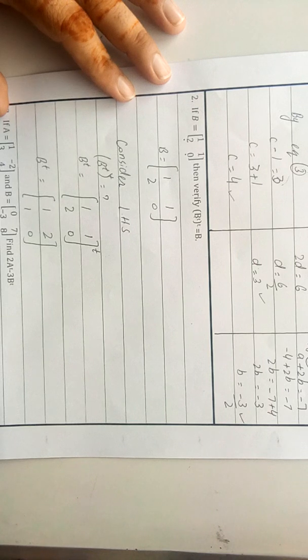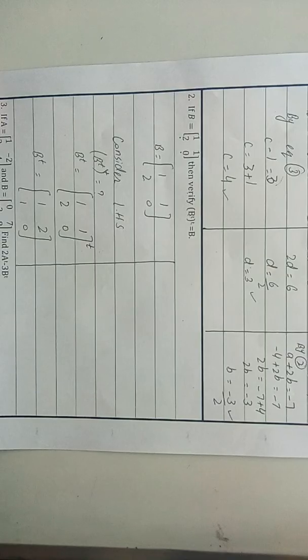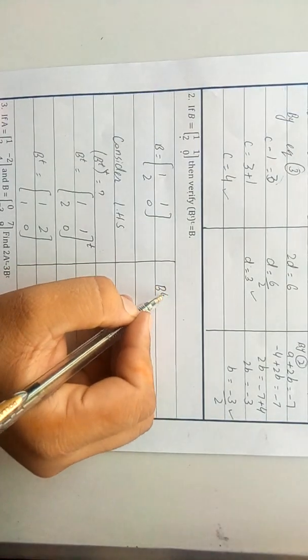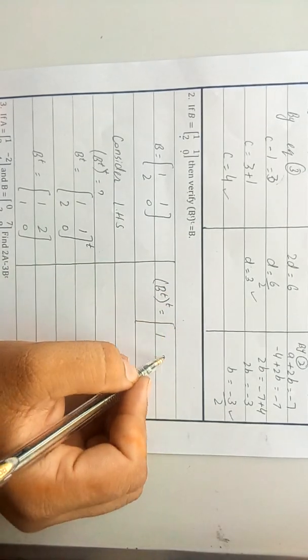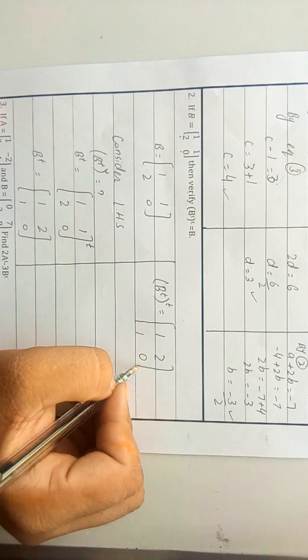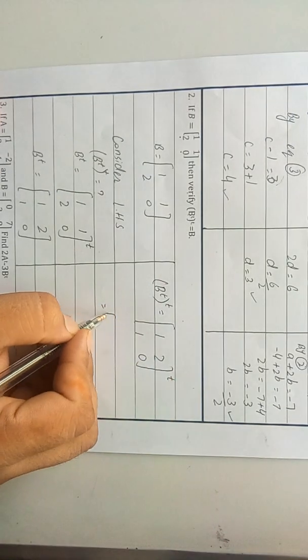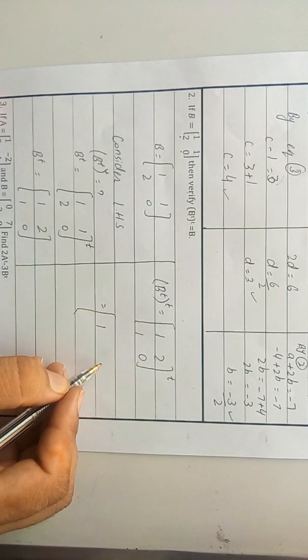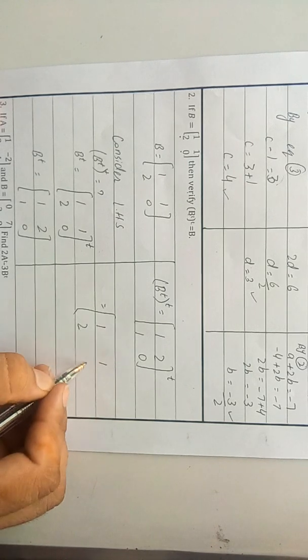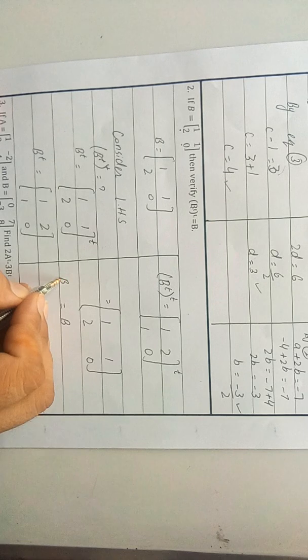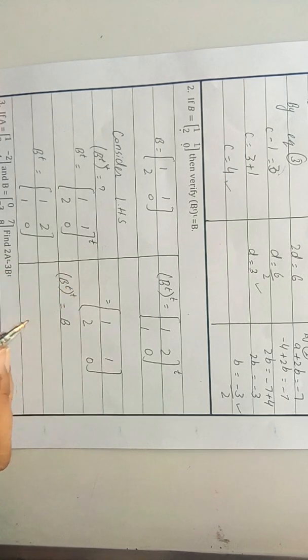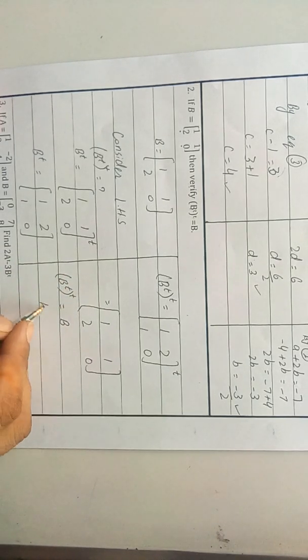Now again taking transpose of b transpose, we will have b transpose whole transpose is equal to transpose of [1, 2; 1, 0], which is equal to [1, 1; 2, 0], which is again equal to b. So b transpose whole transpose equals b, hence proved.